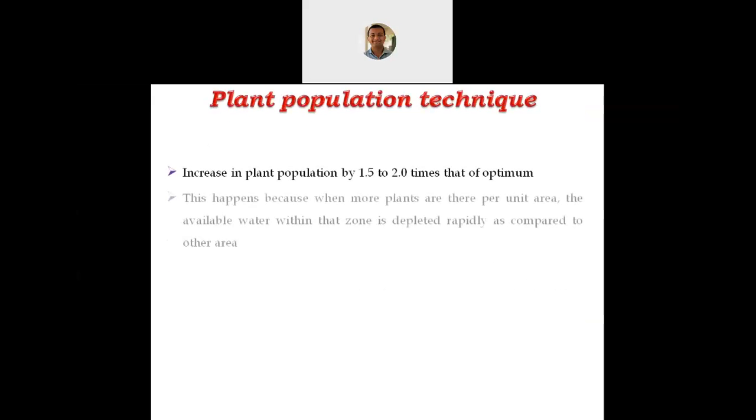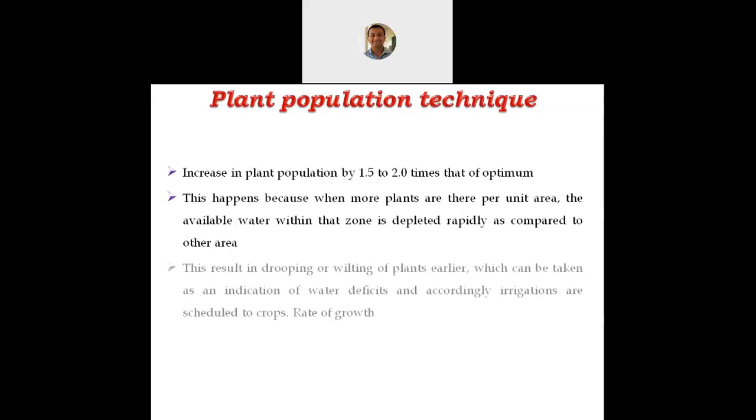Next is the plant population technique. Here it is quite simple. From a main field, a small area is planted with 1.5 to 2 times the optimum plant population. So in that specified area, the evapotranspiration is enhanced by 1.5 times or doubled.